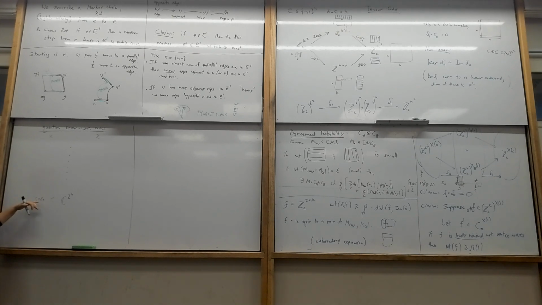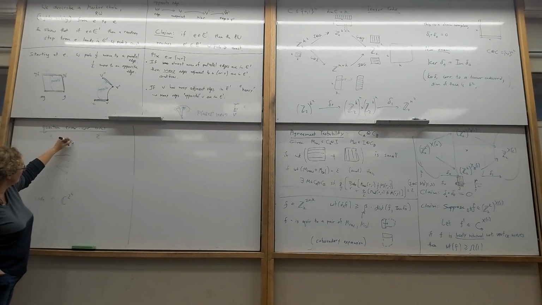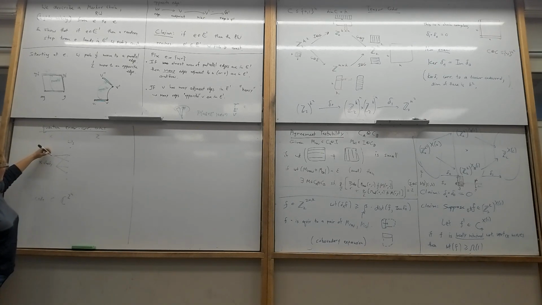The code is defined by either parity checks on x's or parity checks on z's. One way to draw it is a parity check matrix like this, where these are the bits and these are the x checks. By this I mean there's a parity check that XORs these 3 bits, but it's not really XOR.